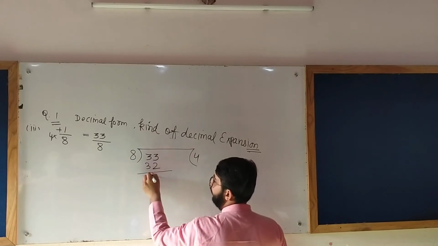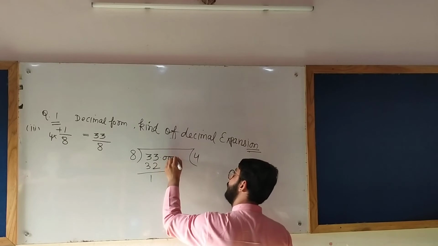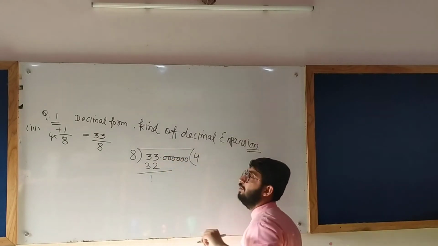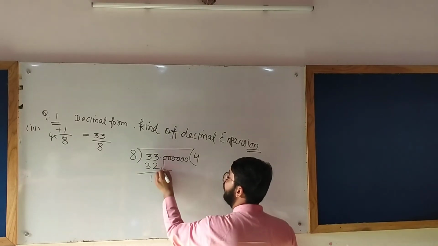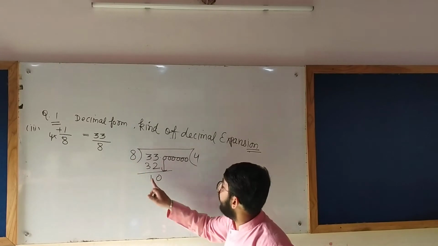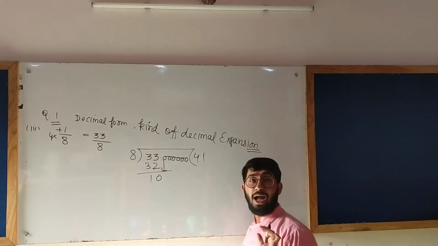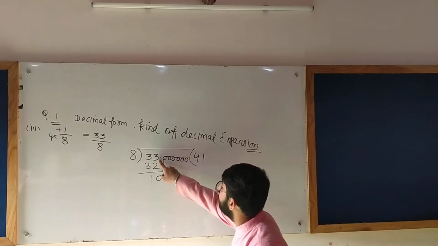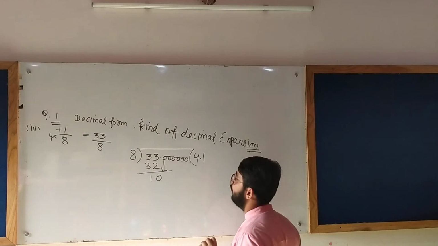Remainder is 1. Now 33 can be written as 33.0000000. Take a 0 downward. Now in the table of 8, 8 ones are 8. But I am using a 0 after the decimal, so I will have to introduce a point in the quotient.